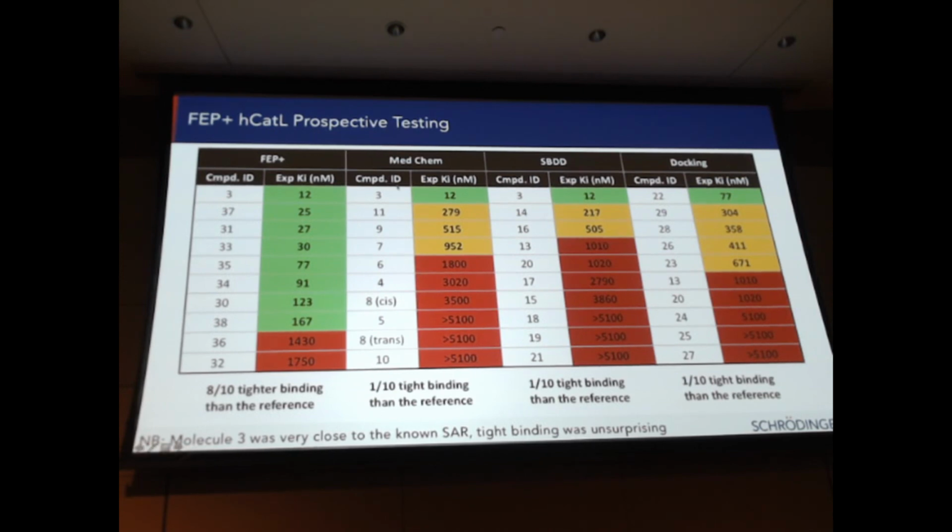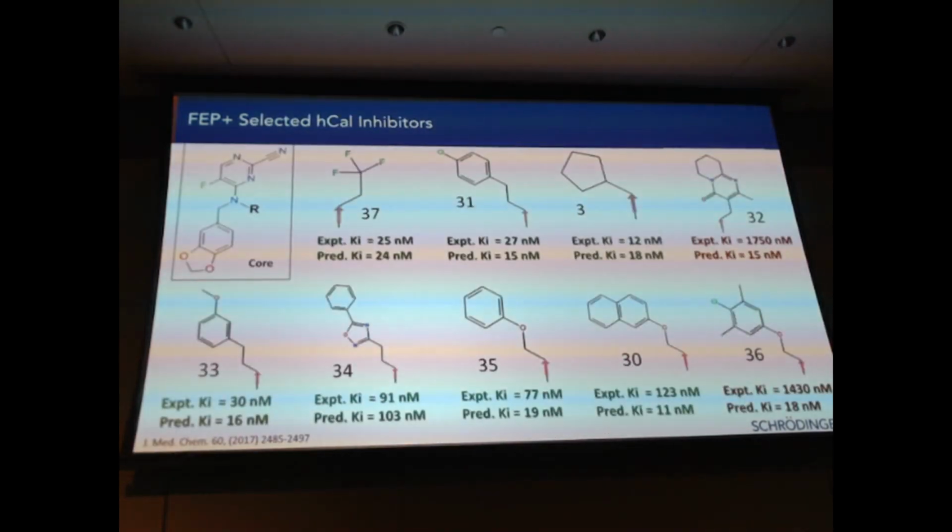And the common compound identified by the 3 methods, compound 3, is an obvious potent binder based on the existing experimental SAR. Also, the structures selected by FEP are very diverse. I think this clearly speaks to the power of accurate affinity prediction to speed up the lead optimization process, particularly to improve the binding potency.